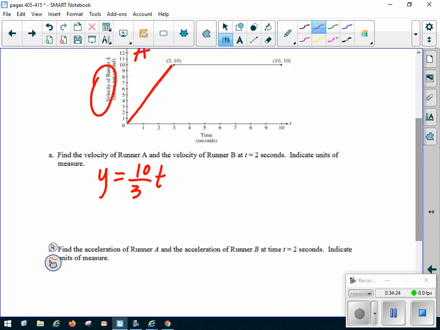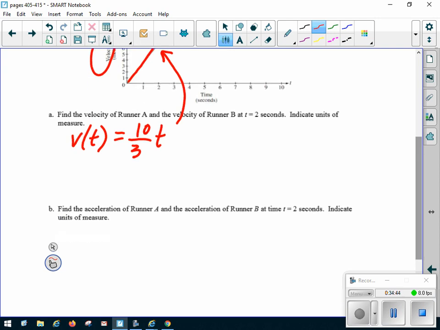And I really could put this, couldn't I? Plus what? What's the y-intercept? Are you okay that that's the equation for the velocity from 0 to 3? What is the velocity at time, what time? 2?